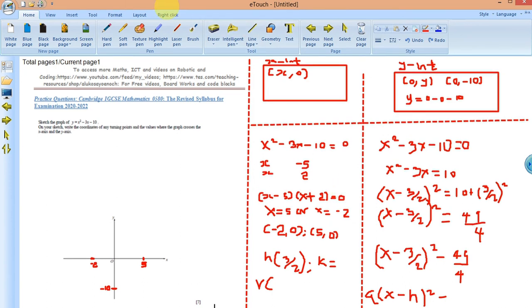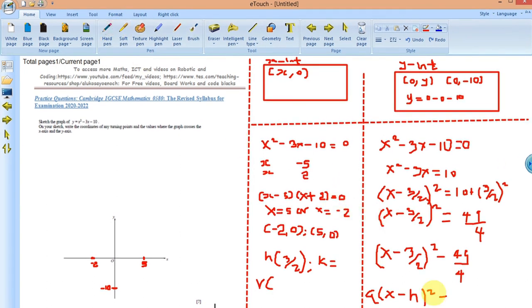This is actually a times (x minus h) all squared plus k. So k is minus 49 over 4.